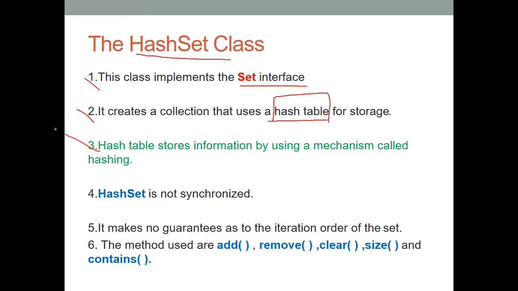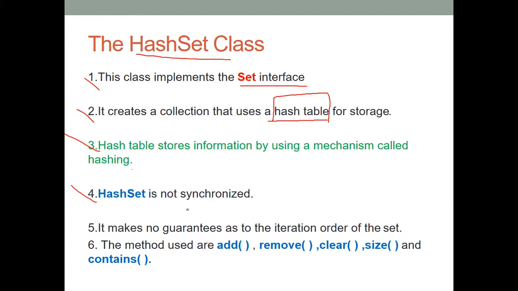A hash table stores information by using a mechanism called hashing. Hashing is a kind of technique. If you learn data structures, there you can find out what hashing is and how to store data through a key. You have a list of keys, count the keys, divide by how many are available, and perform some operation like that.